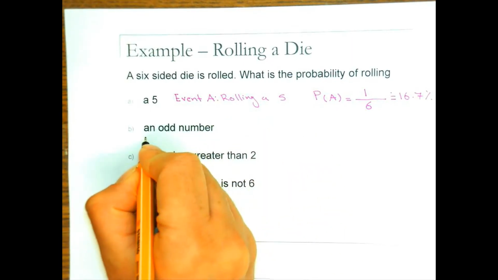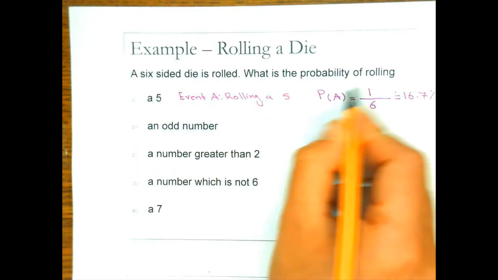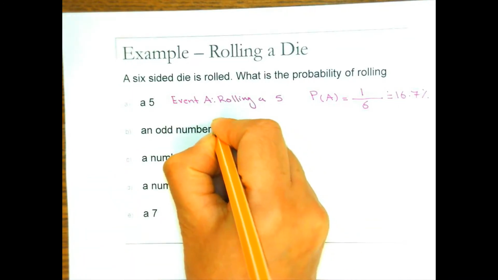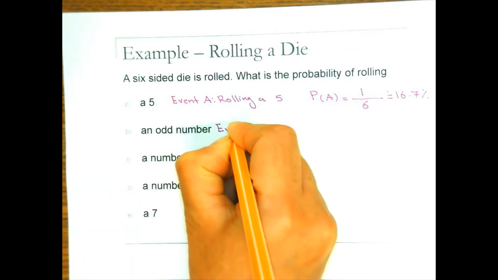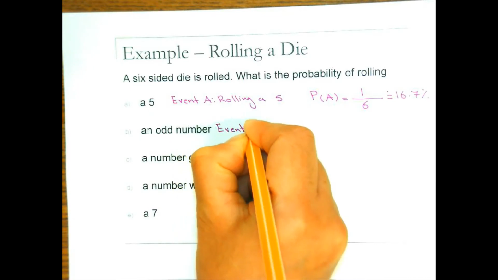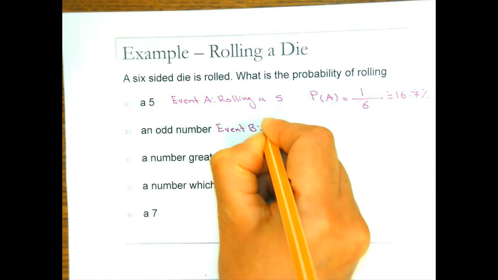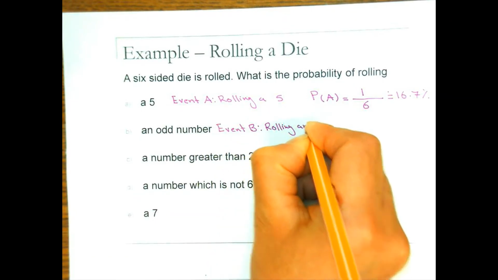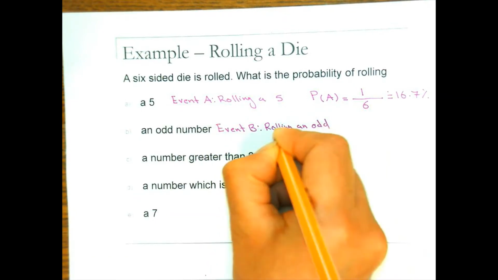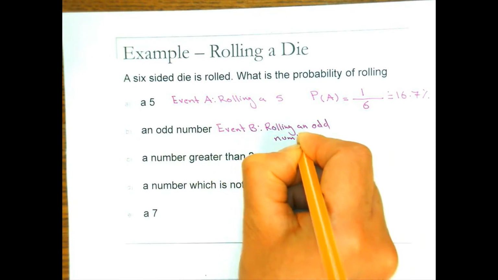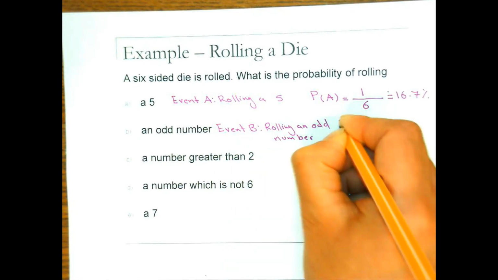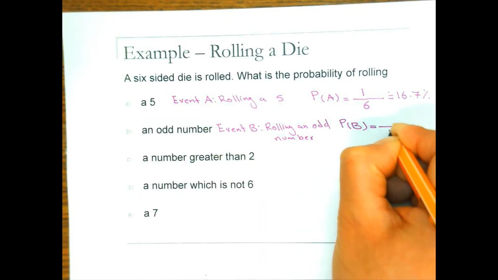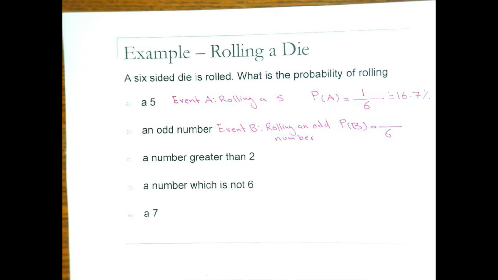Now part B, what is the probability of rolling an odd number? So we call this event B. Rolling an odd number. So probability of B, again, when we roll a die there are 6 possible outcomes.